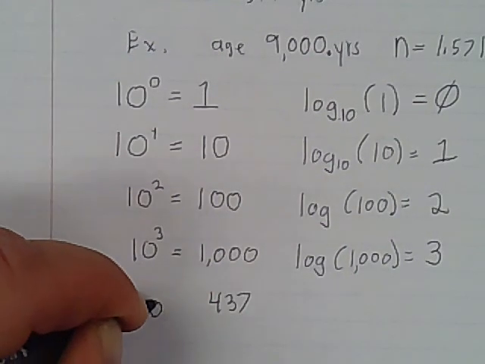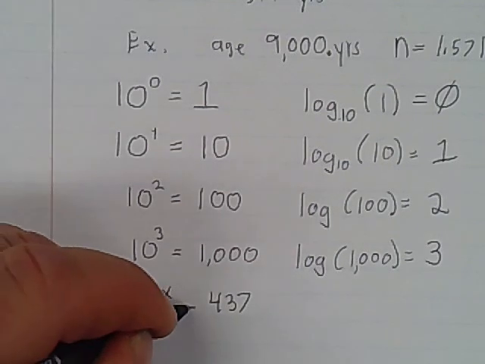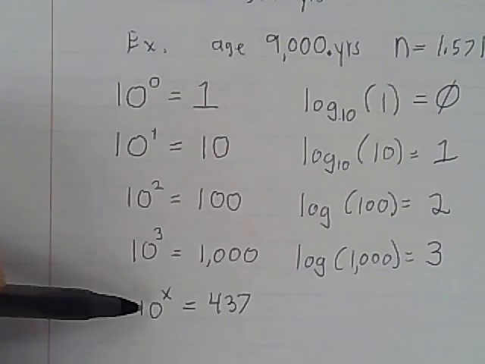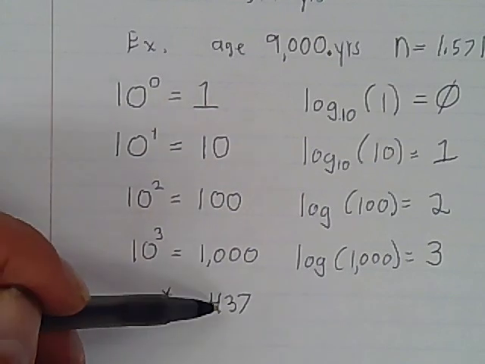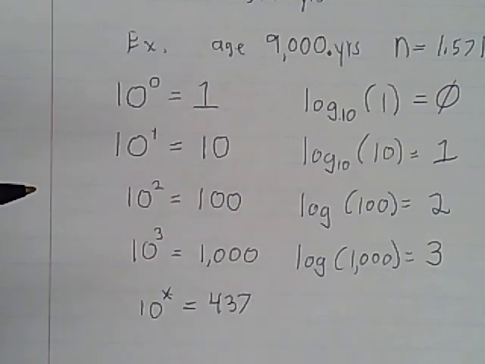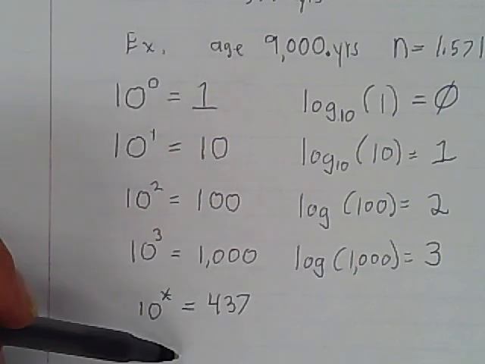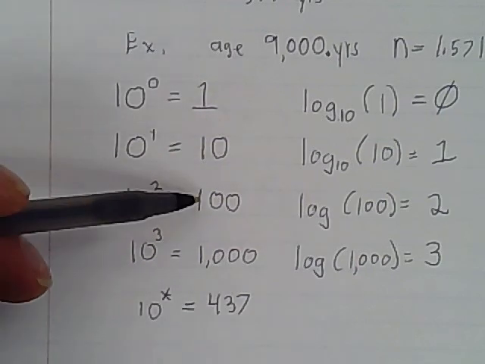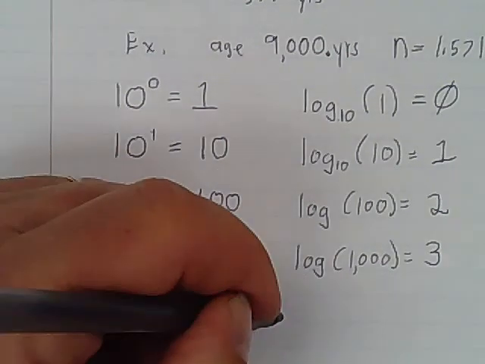There is some value of an exponent, I'll call it x, such that 10 raised to the value of that exponent is 437. And as you can see by looking at what I've already written down, 437 is somewhere between 100 and 1,000.